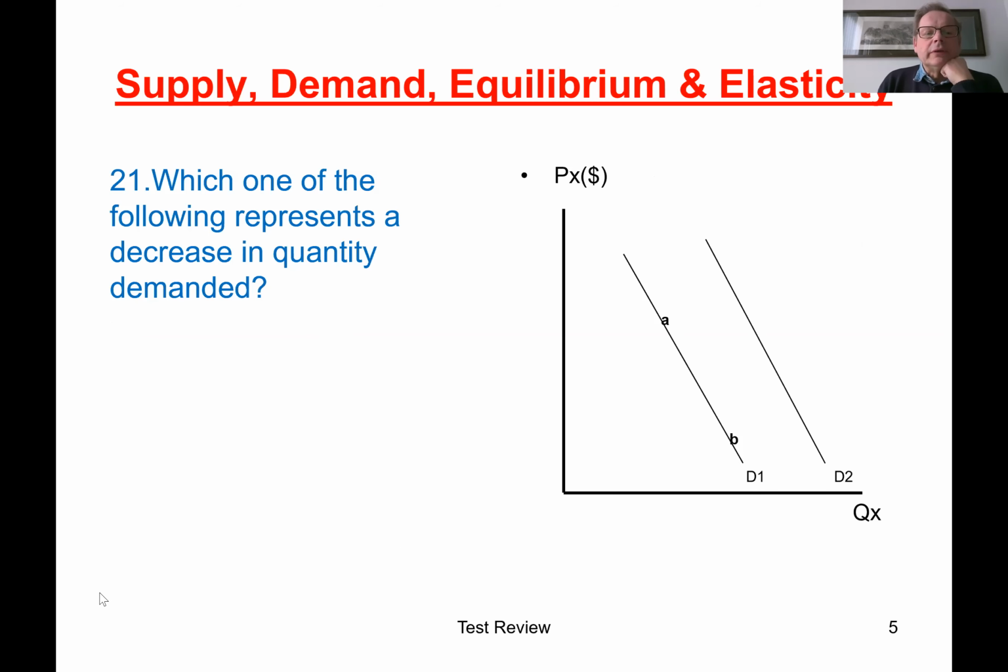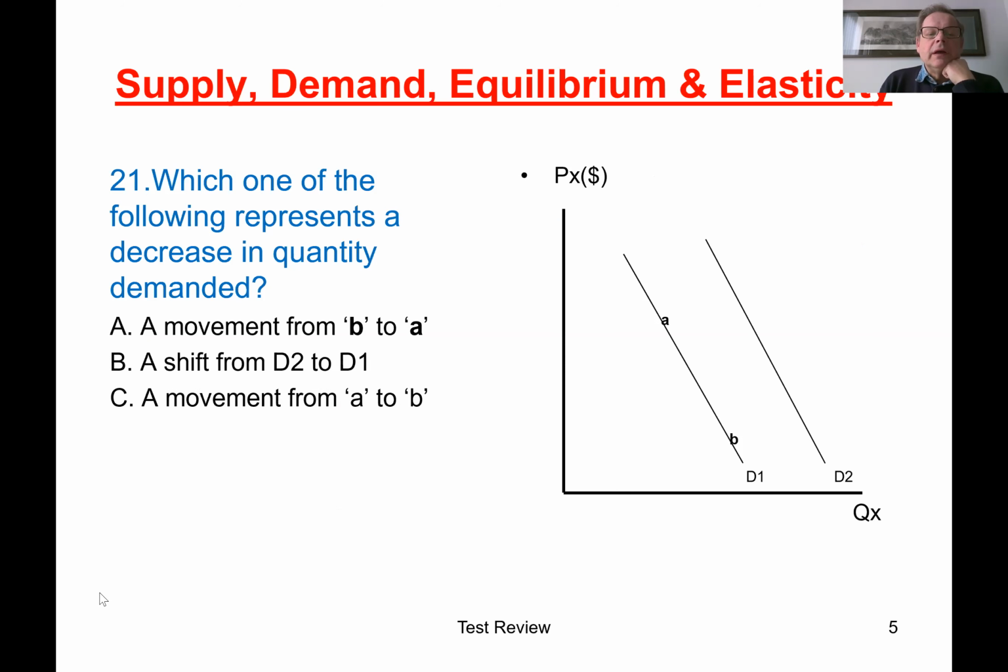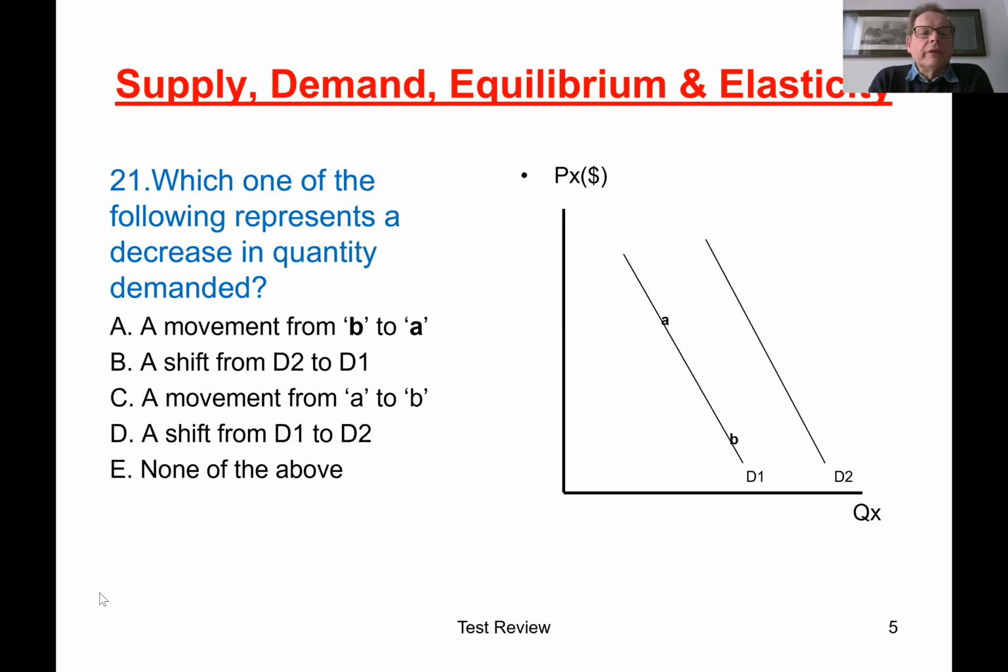Question number 21. Which one of the following represents a decrease in quantity demanded? A movement from B to A, a shift from D2 to D1, a movement from A to B, a shift from D1 to D2, none of the above.